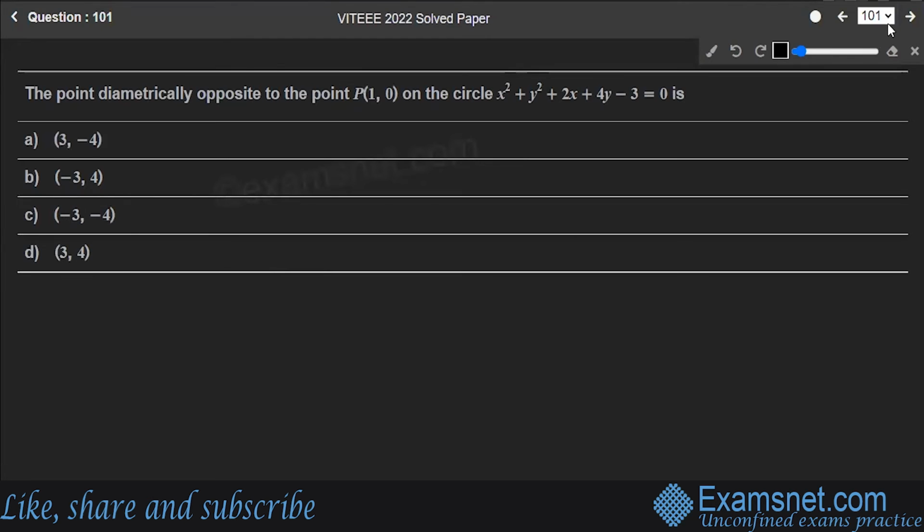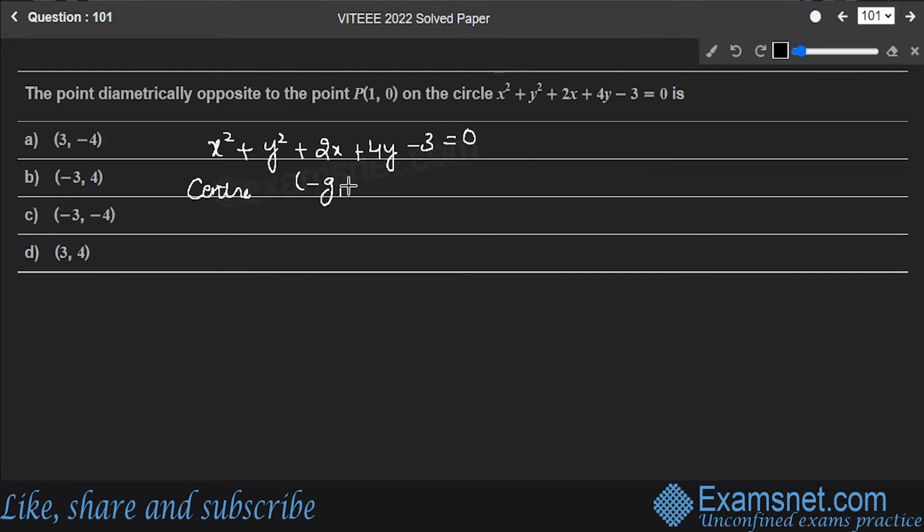Next, 101st question. The point diametrically opposite to the point (1, 0) on the circle, this is what? First of all, I'll write down the equation of the circle: x square plus y square plus 2x plus 4y minus 3 is equal to 0. The center is given by (minus g, minus f). g is half the coefficient of x, so that is equal to minus 1.